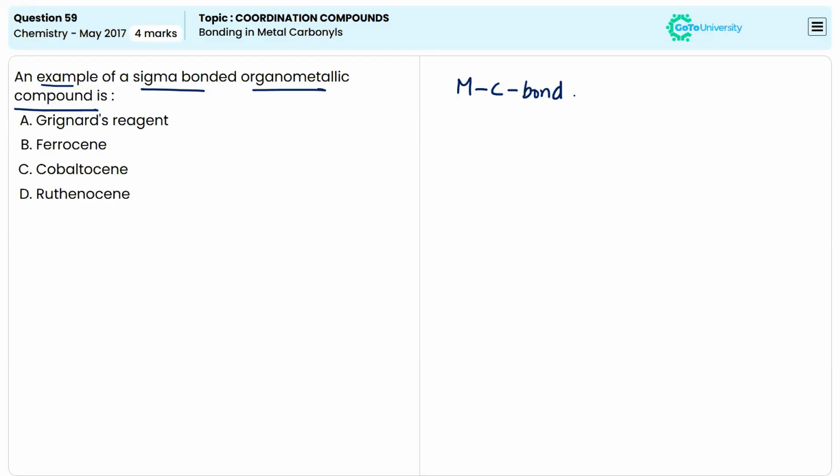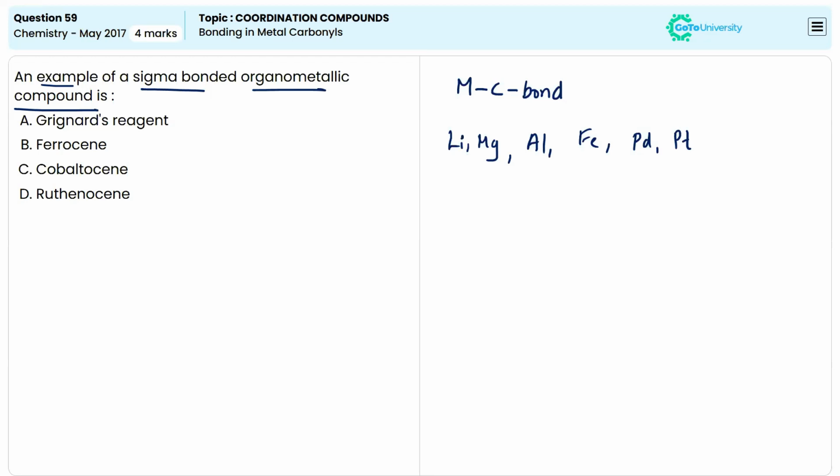Usually the metal may be lithium, magnesium, aluminium, or some transition metals such as iron, palladium, platinum.